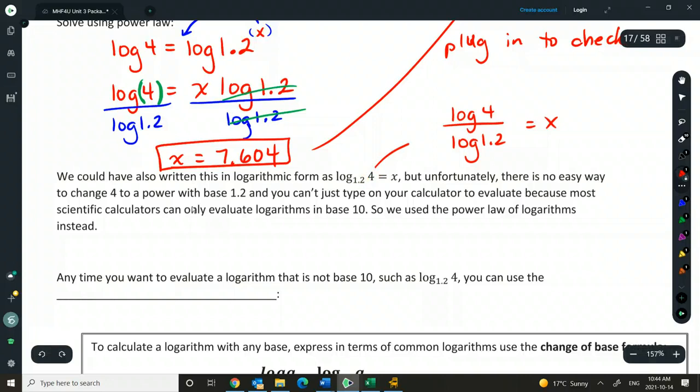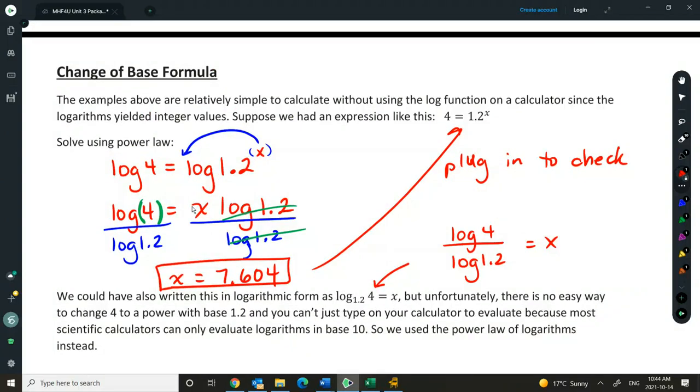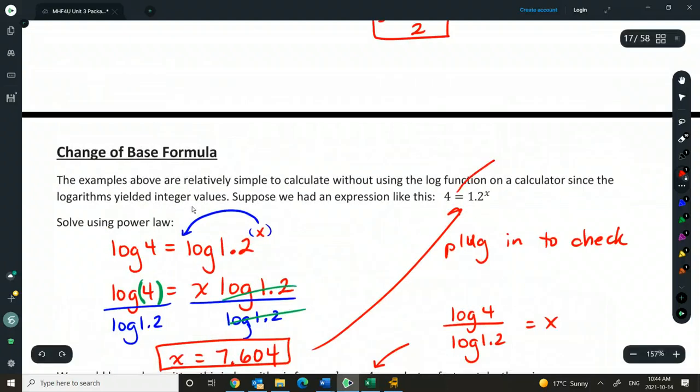This is the change of base formula. We can also get that from switching into logarithmic form from this, right? If I switch from exponential into logarithmic form, it's log base 1.2 of 4 equals the exponent x. We practiced this in our homework from last time.